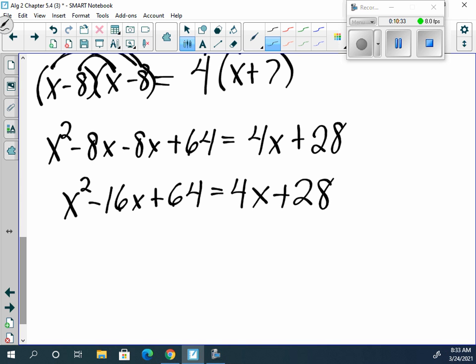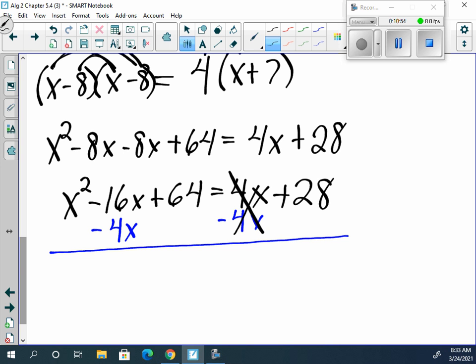So now we can actually start the solving process by moving everything to the same side because we have a quadratic. So we can subtract 4x first. 4x minus 4x on the right-hand side will cancel. On the left-hand side, 16x minus 4x is going to be negative 20x.